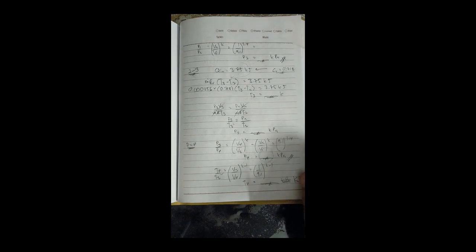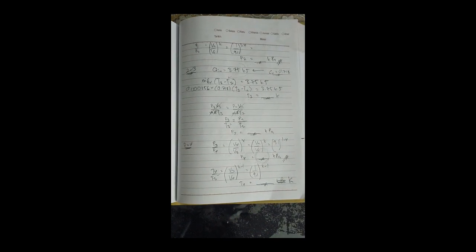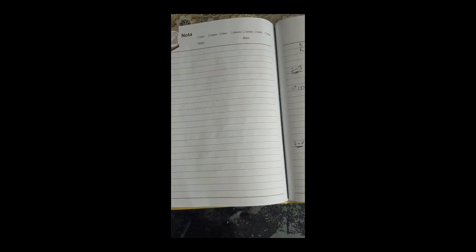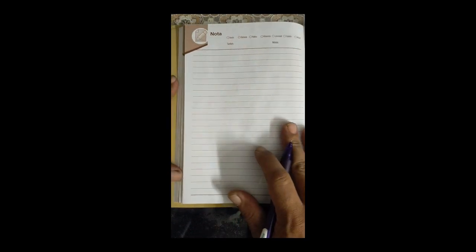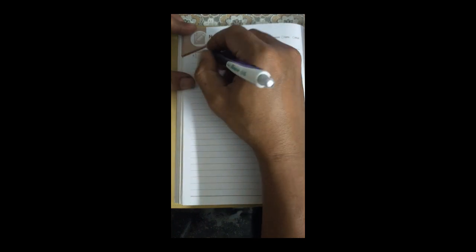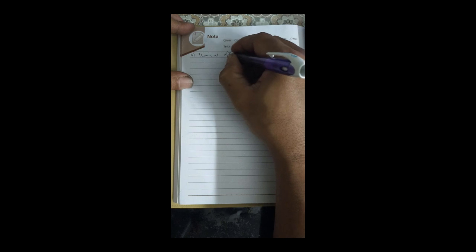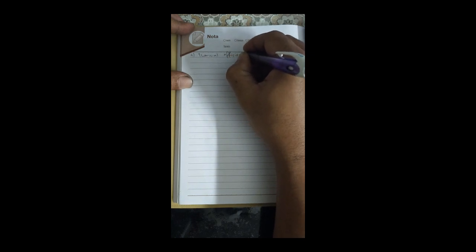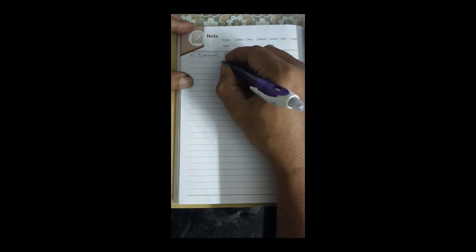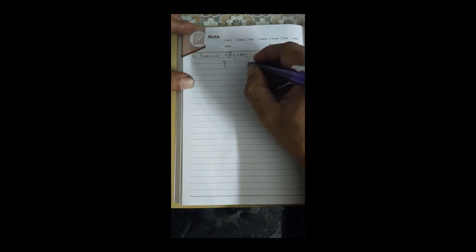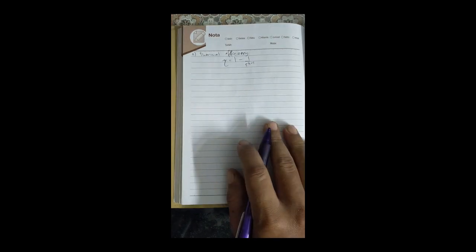So the first question is to find the thermal efficiency. This is the Otto cycle, so efficiency is 1 minus 1 over r to the power K minus 1.